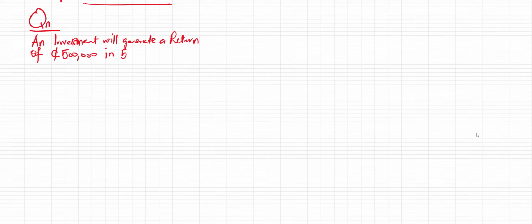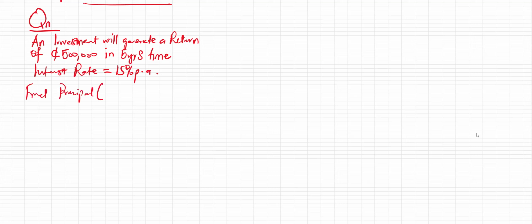And the interest rate was 15% per annum. So find the principal today, which is the present value.